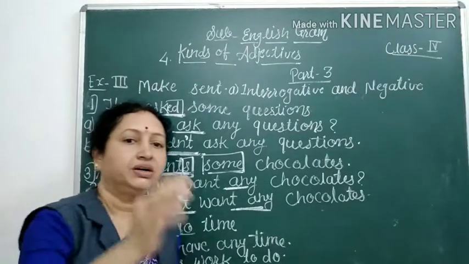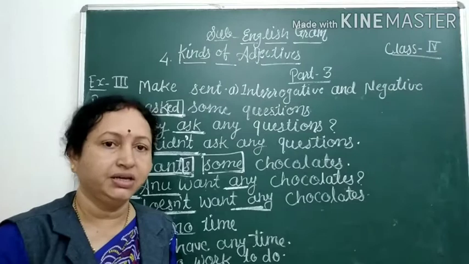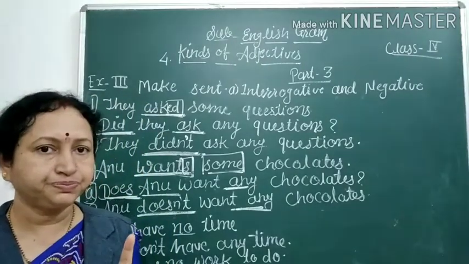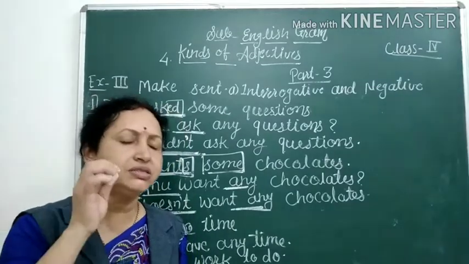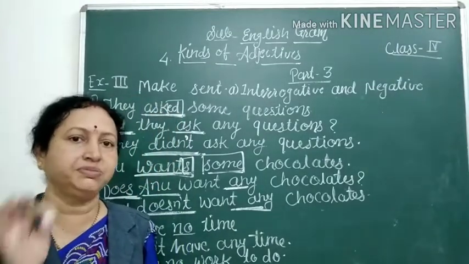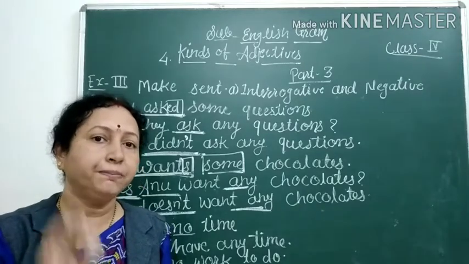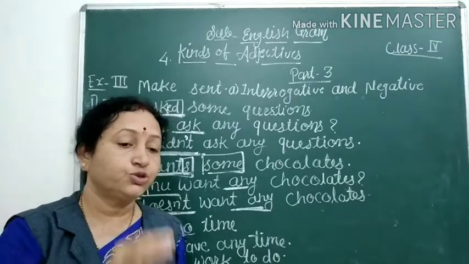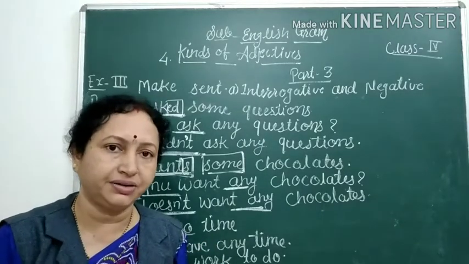So in other exercises also we have to use it like that. If there is a plural form present tense, use do; if there is a singular form present tense, does; and if there is past tense, did.